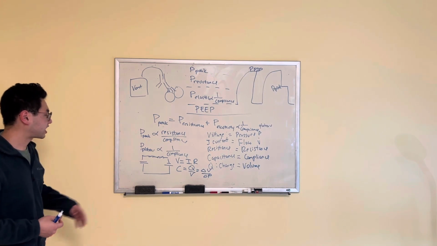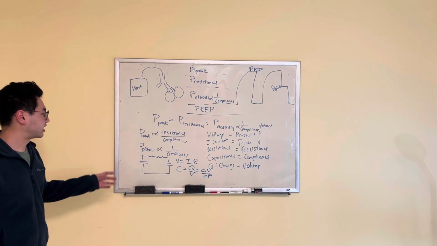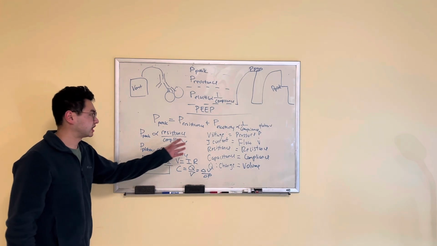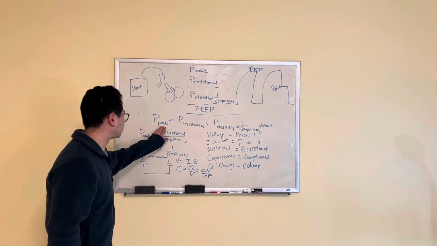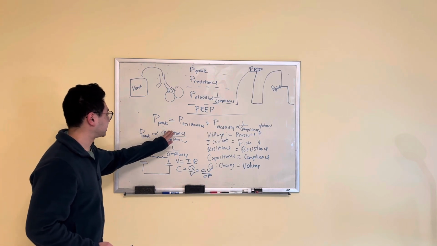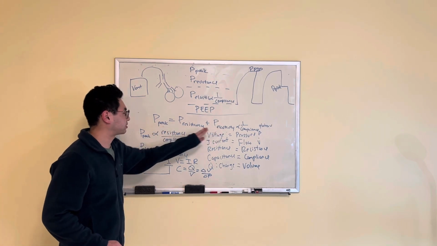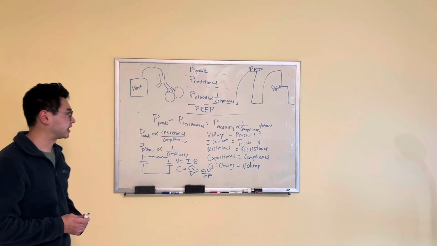So I hope that showed you that the relationships we have here hold steady even when thinking about this as a circuit. And when we are troubleshooting pressures in a ventilator, if we know the peak pressure and the plateau pressure, then we can reason whether it's a resistance or a compliance problem.